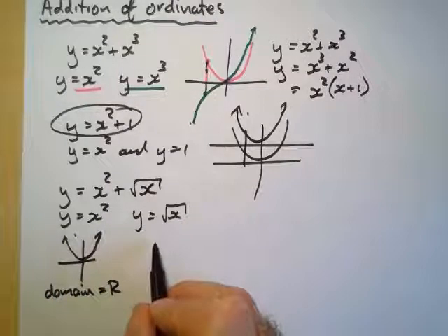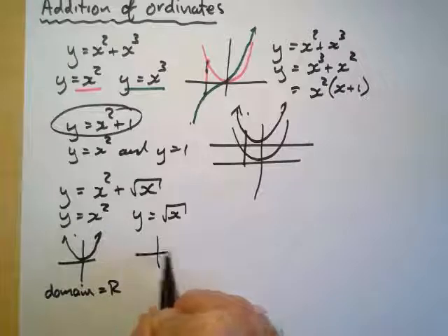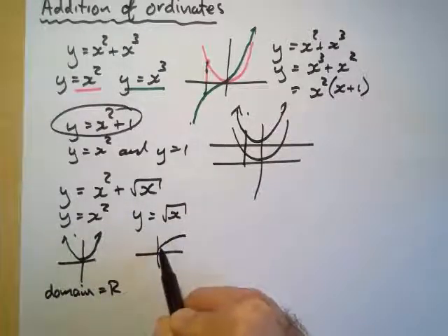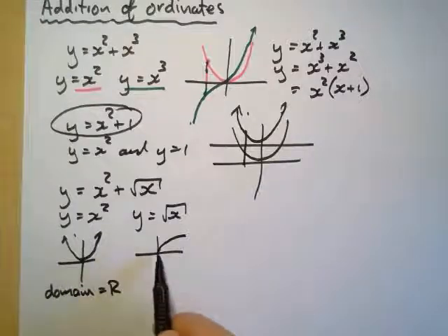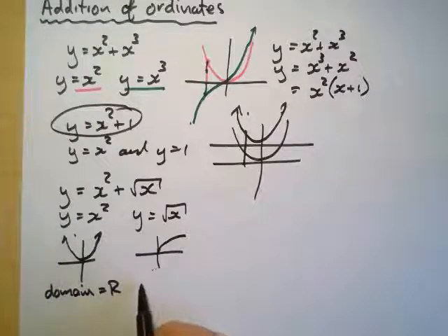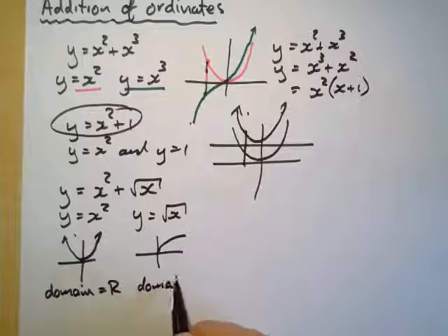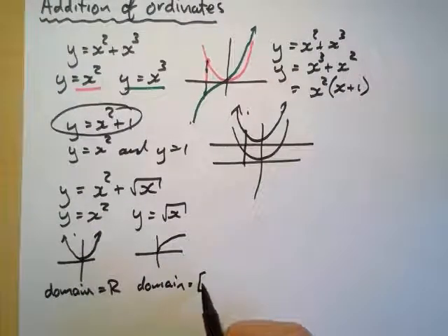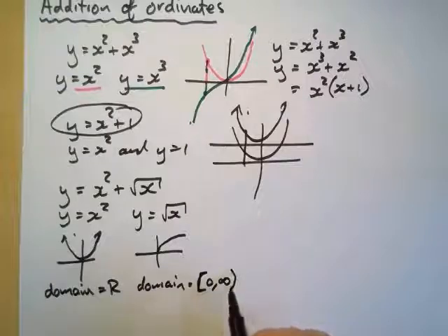But if I look at y equals square root x, that graph looks like this, which means it's only going to exist from 0, including 0, sorry, that's a square bracket, including 0 and going to infinity.